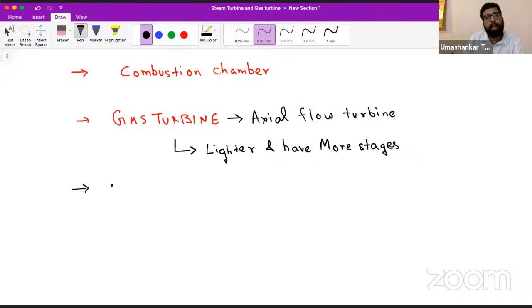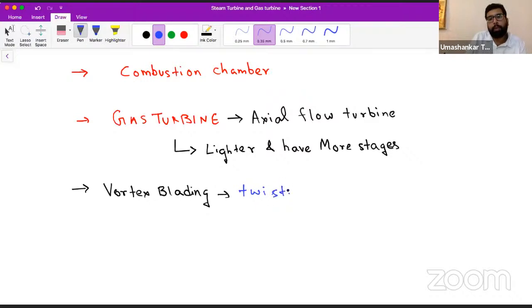One last thing that we generally use in gas turbines is vortex bleeding. Vortex bleeding refers to twisted blades. It means that we are making twisted blades. And why are we doing it?